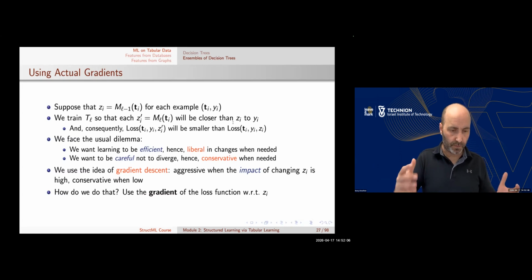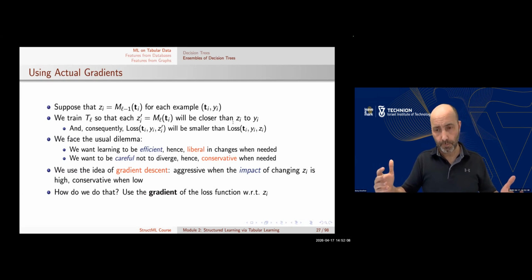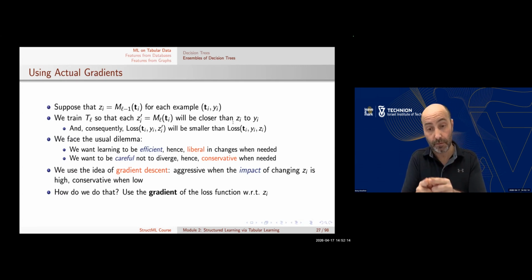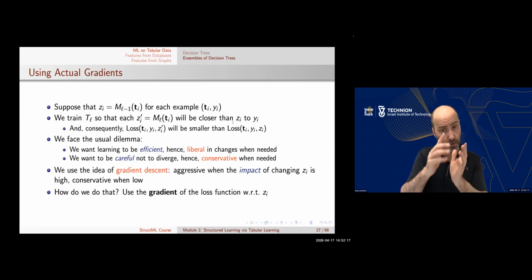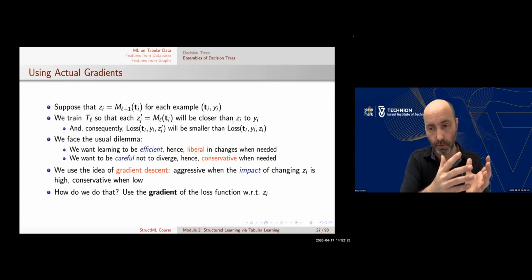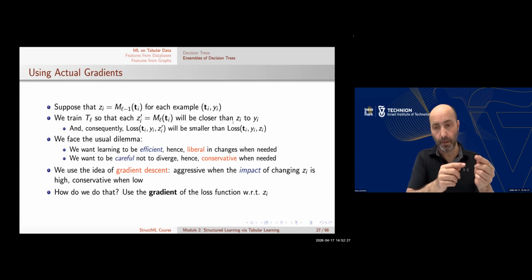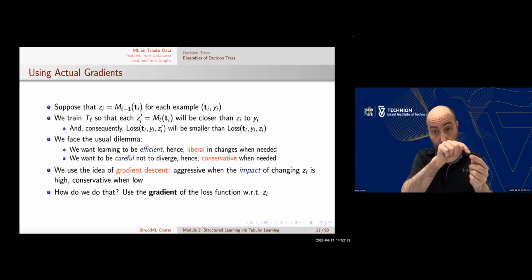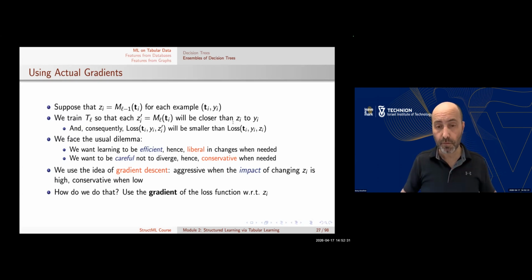Here we don't have parameters of a differentiable model, but we apply this idea to the z_i's. For each example, we ask: what is the prediction now? Locally, what is the change? What is the gradient of this example on the general loss function?